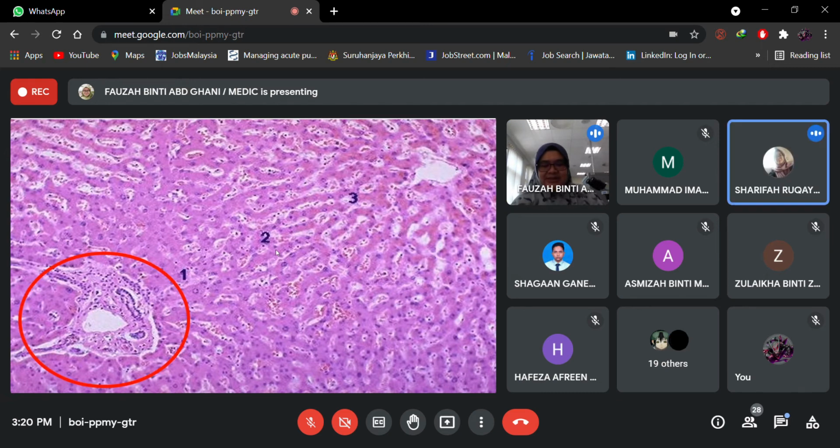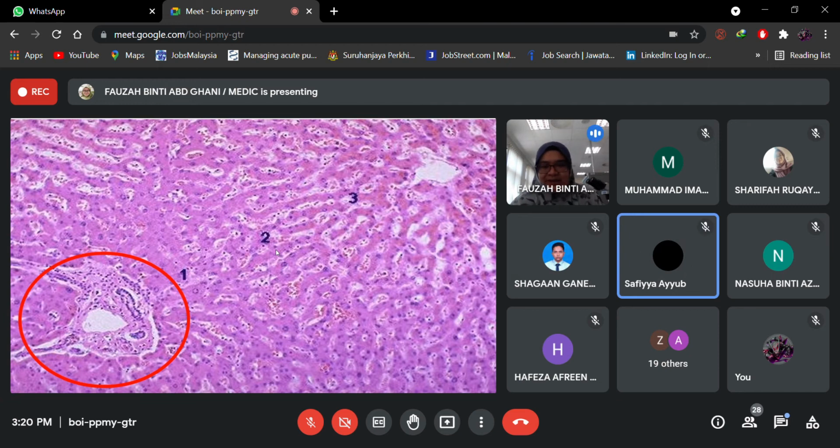Protein synthesis. What are some of the important proteins? Albumin, doctor. Albumin. What else? Liver enzymes. Okay, liver enzymes. What else, in terms of the blood clotting mechanism?